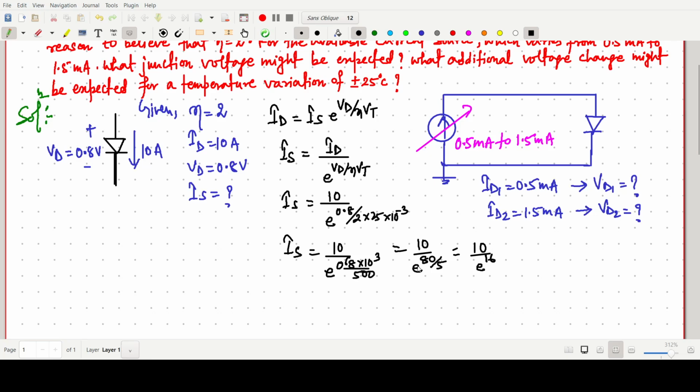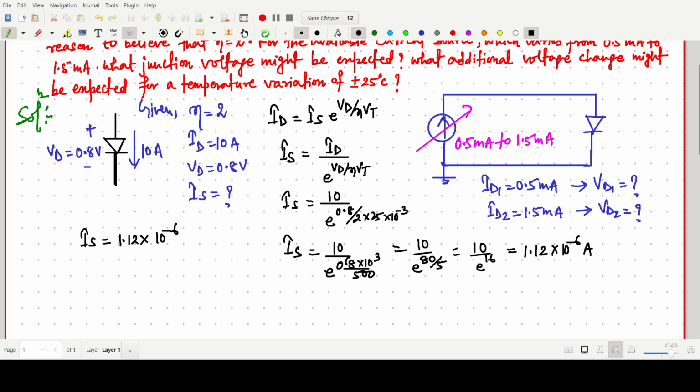It is a simple calculation. You can easily get 10 by e to the power 16, and if we solve, it will come 1.12 into 10 to the power minus 6 ampere. So we have found the value of Is.